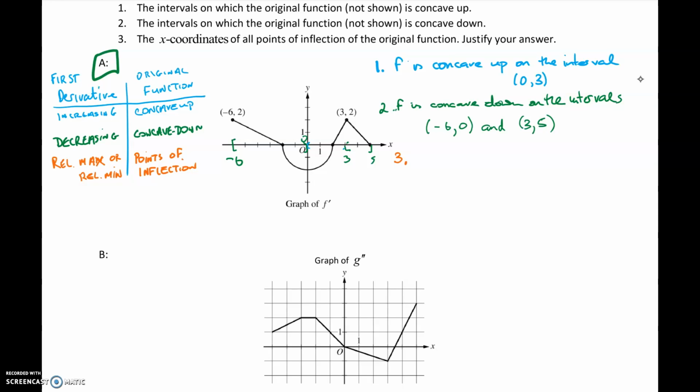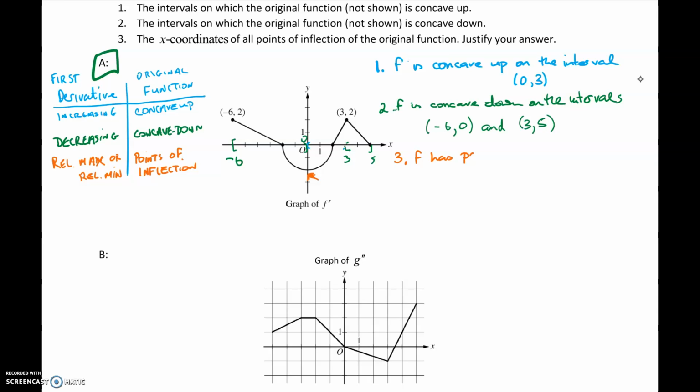Okay, so this graph, this is the first derivative, and it starts at -6, and it's coming down, and it's still going down. It goes down more steeply, but it's still going down. It reaches its bottom there when x equals 0. So that's the bottom of that valley. So it's a relative minimum on this graph, and the relative minimum for the first derivative means it's a point of inflection for f, the original function.